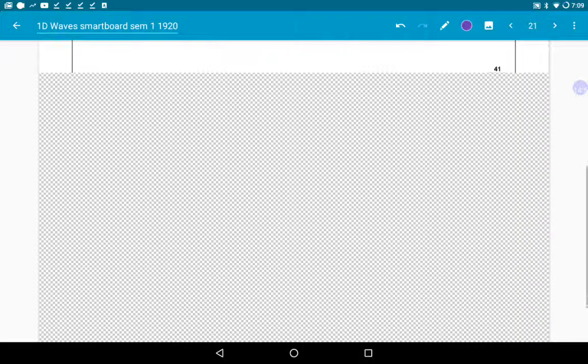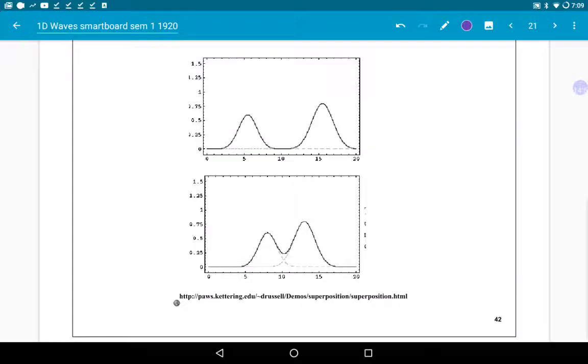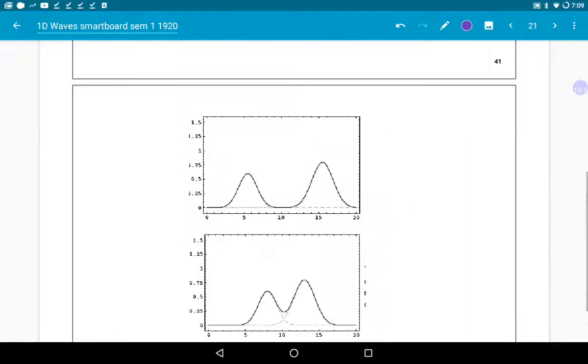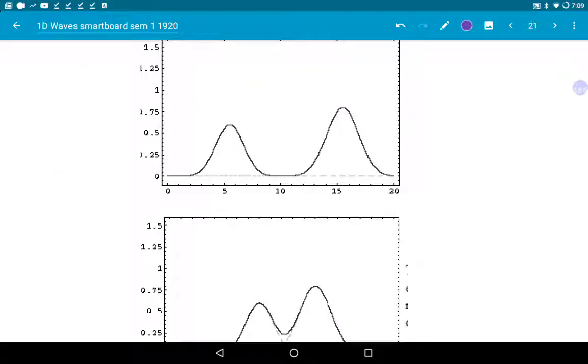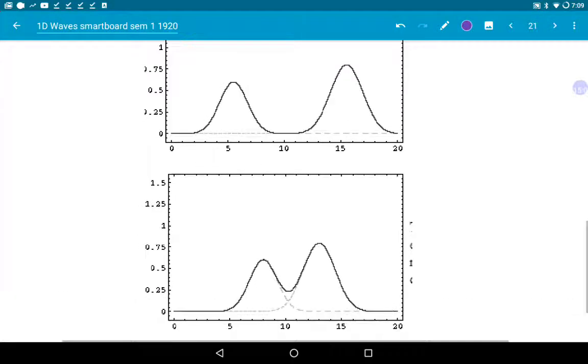Sorry, I missed one down here. So this just shows a few waves passing through each other that don't have the same wavelength. So it just shows how they interact. So you've got pulse A, pulse B beforehand. You got pulse A, pulse B. There's some partial interference in this area here.